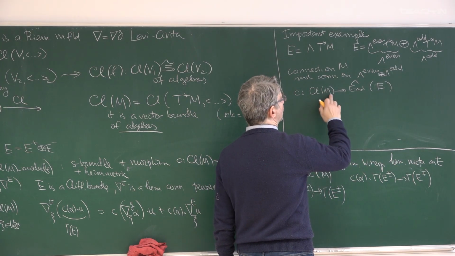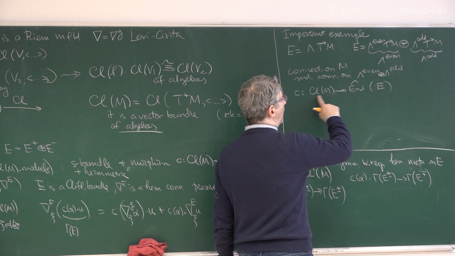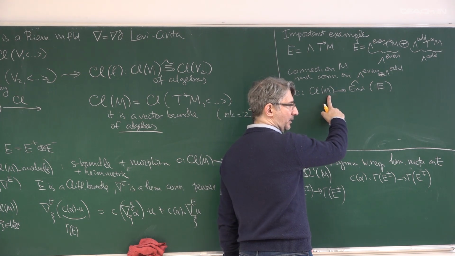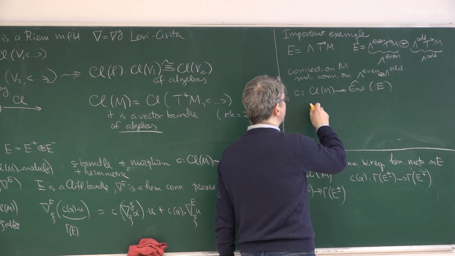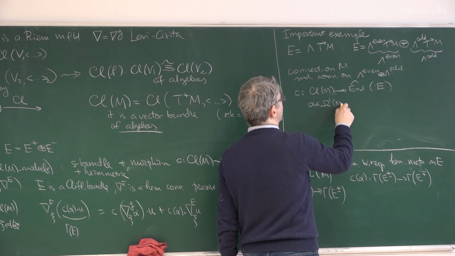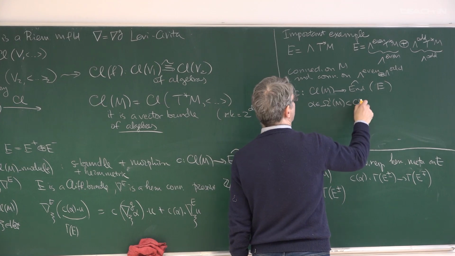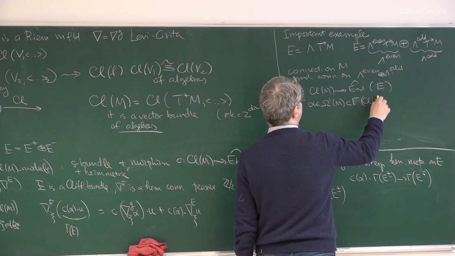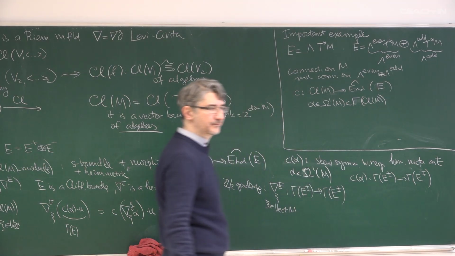We don't want to consider the whole Clifford bundle because it's too complicated. We consider alpha, which belongs to omega 1 of M, which is a part of sections of Clifford M. Yes?